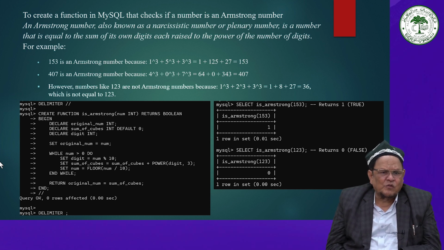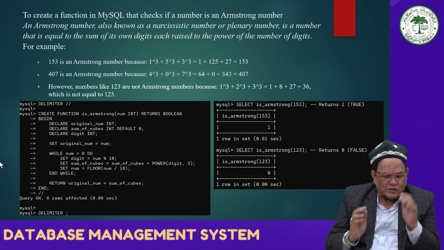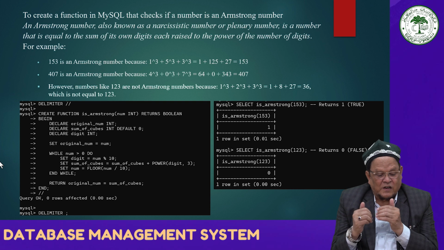In MySQL, you write CREATE FUNCTION is_armstrong(num INT) RETURNS BOOLEAN. BEGIN, declare original_number INT, declare sum_of_cubes INT default 0, and declare digit INT. That is the declaration part. Then set original_number equal to num.